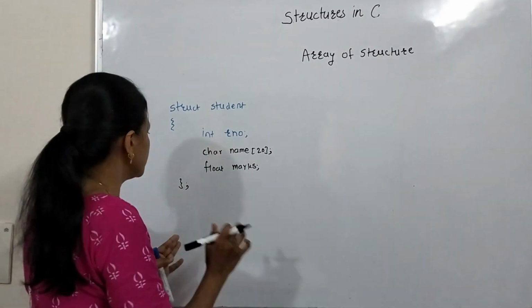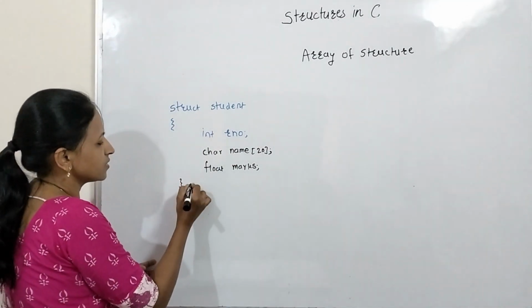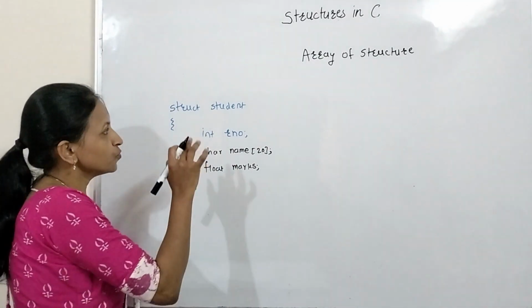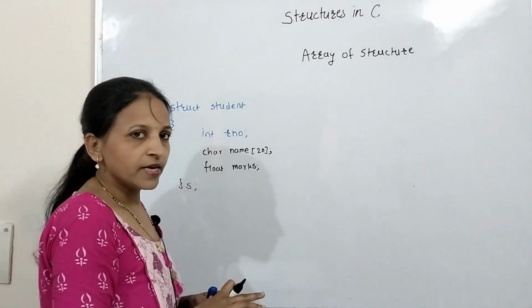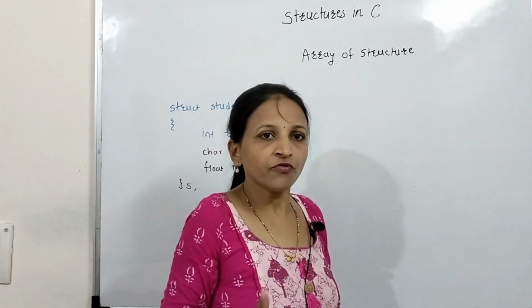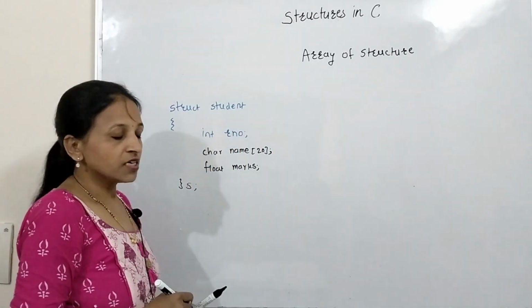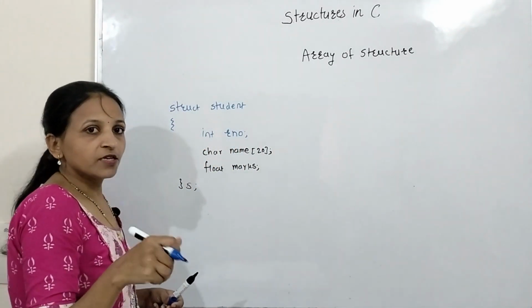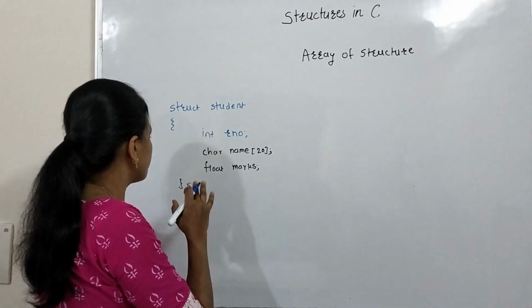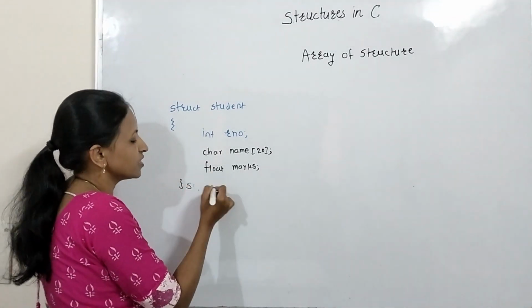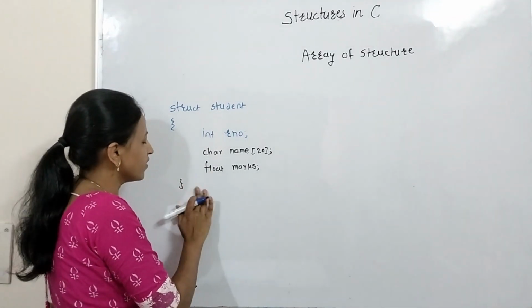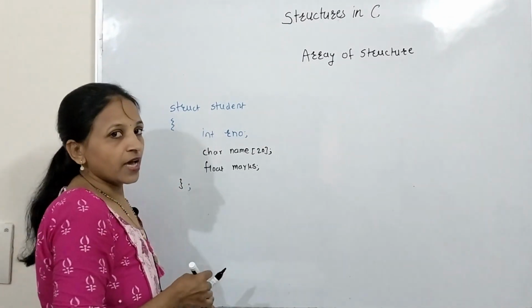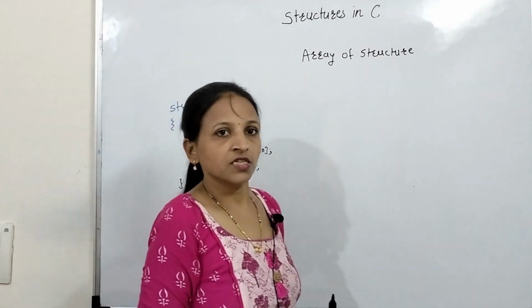Then we can easily declare one variable like S of that type student. Okay. But I want to store information about 5 students. Then see, in that case we have to create 5 different variables of this type like S1, S2, S3, S4, S5. But the better way is we can create array of this structure.